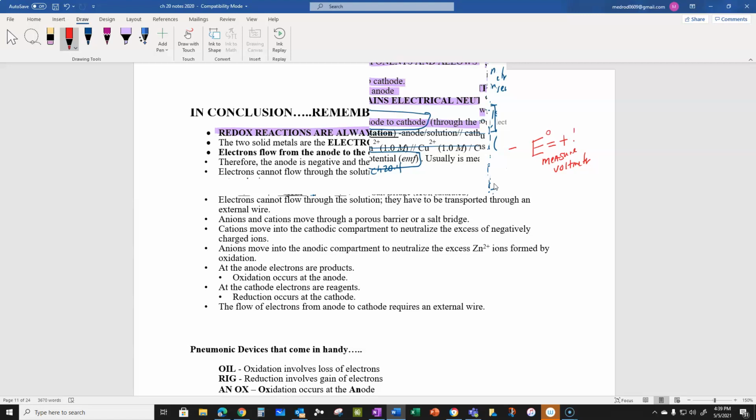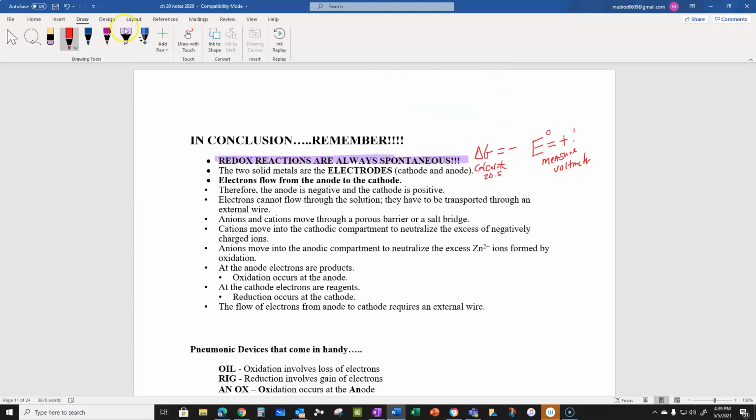The two pieces of metals, those are electrodes. The electrons always flow from anode to cathode. The anode is always negative, and the cathode is always positive. That's why I always make this a list, so I can remind myself what I need to label.